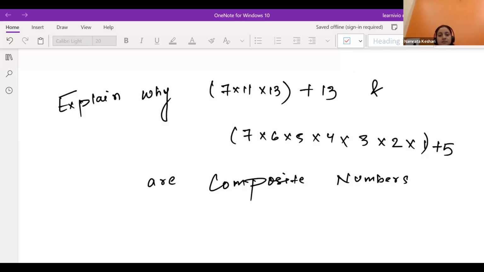Ma'am, I did the question. Yes, Aisha, please tell me why these two are composite numbers.